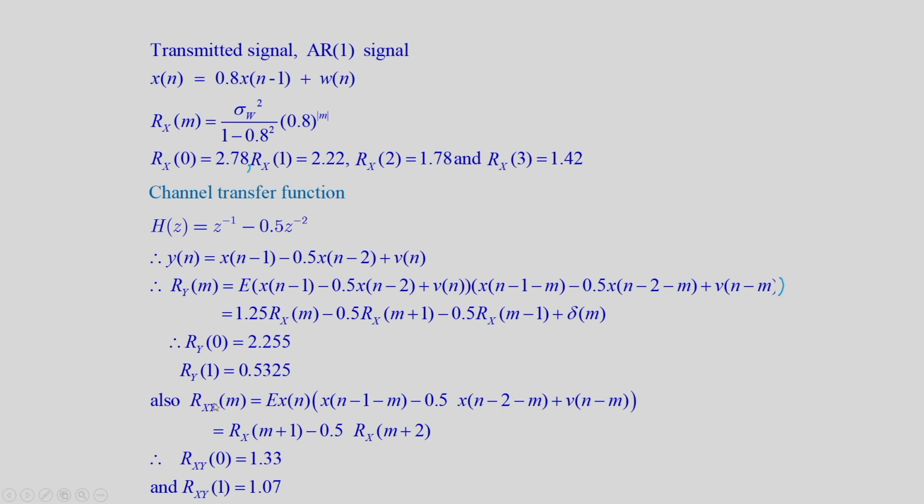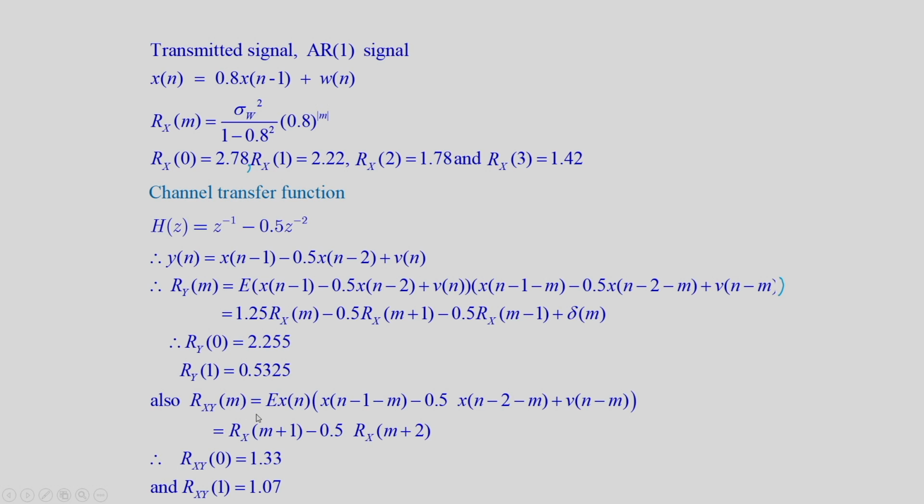Similarly, we can find out the Rxy of m, that is equal to E of x of n into x of n minus m minus 0.5 x of n minus 1 minus m minus 0.5 x of n minus 2 minus m plus v of n minus m. This is the y of n minus m, this is x of n.